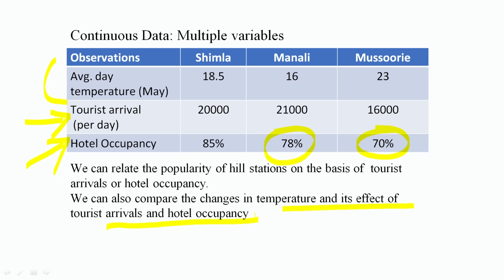This is just an example which I am presenting in front of you. If you are living in any one of these cities or in a hill station, you can make a very easy study out of such an example and your dissertation work would be much easier.